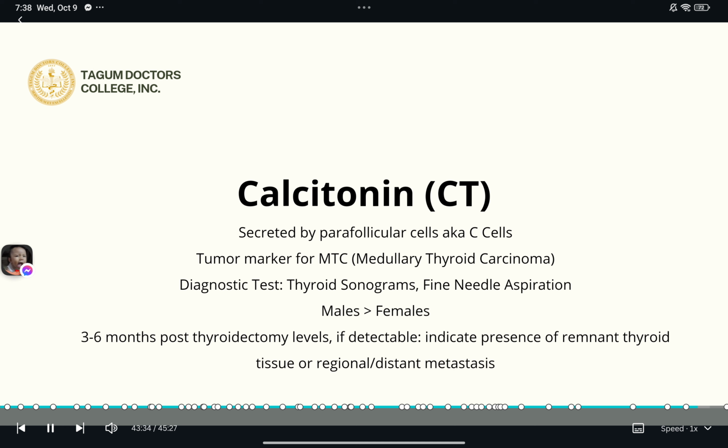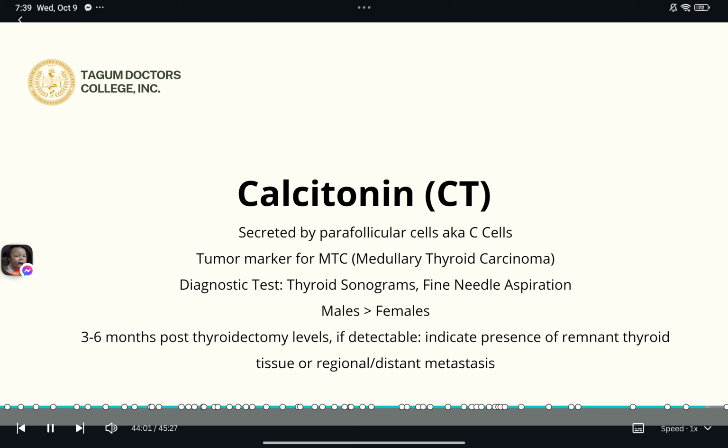Okay. It is usually mas taas in males more than females due to the larger C cell mass in men. Okay, so since mas dako ang mass sa C cells in men, so mas dako po ang value of C cells or calcitonin in men rather than women.